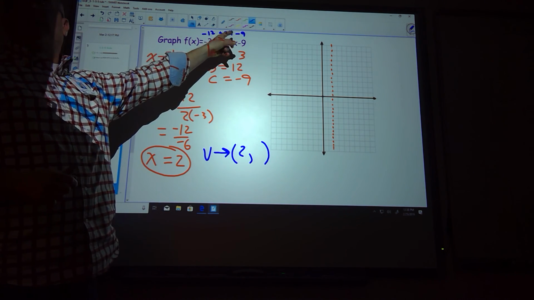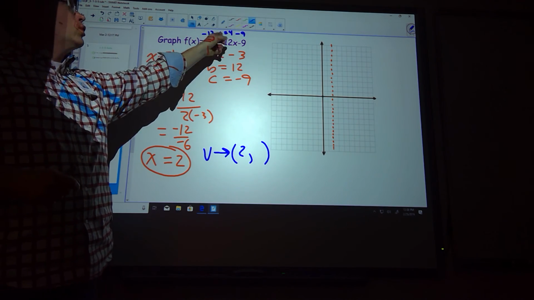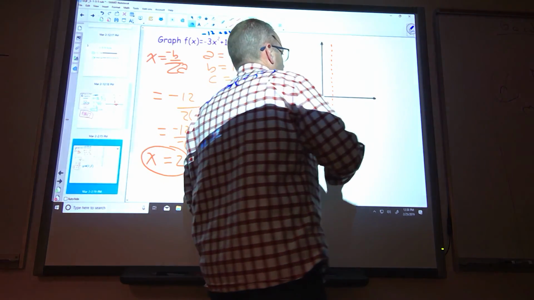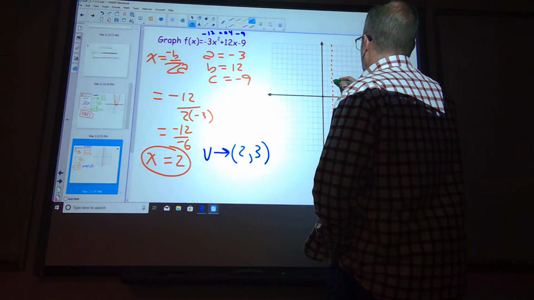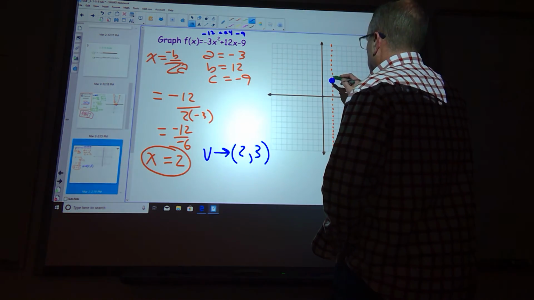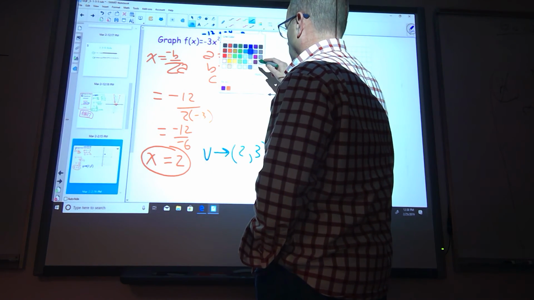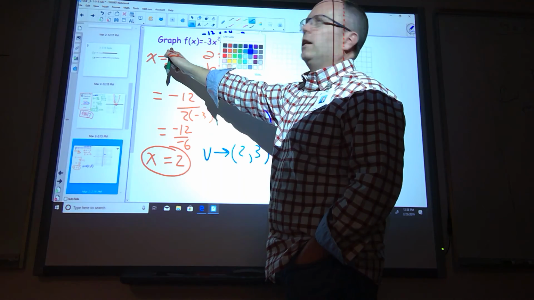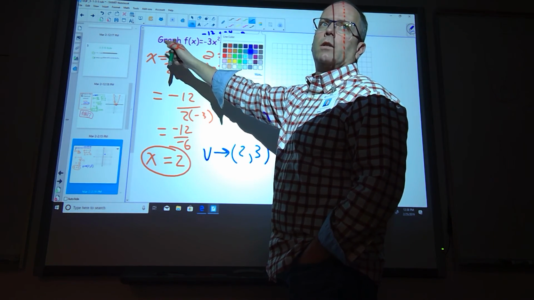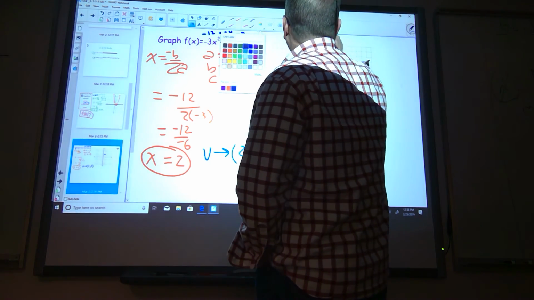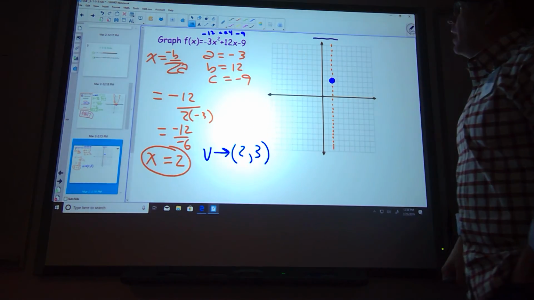So negative 12 added to 24 is 12, and 12 minus 9 is 3. So I get 2, 3. Why is 12 negative? Because you always have that negative out front. It's a constant. Oh. Okay, that's all right.